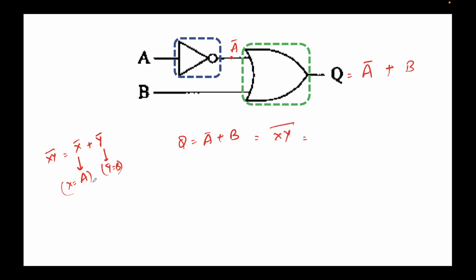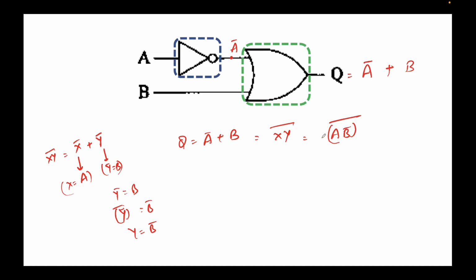The value of x is a, and y bar is b, so y bar whole bar will be equal to b bar, and then y will come out to be simply b bar. So I'll put y as b bar, so a b bar whole bar. So this is the value of q that I am getting.